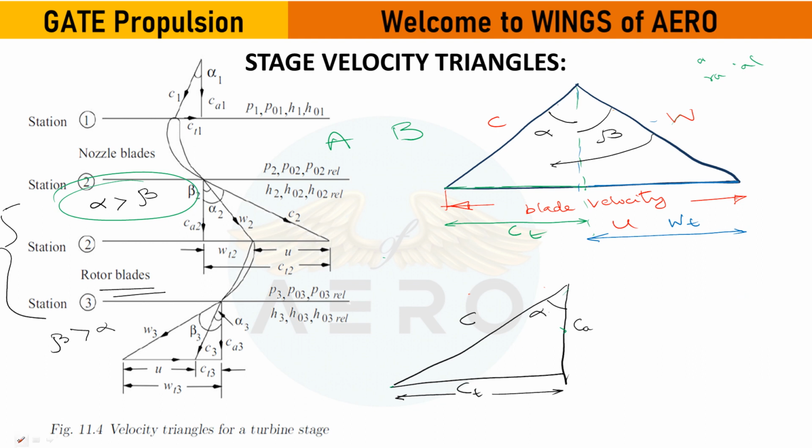Let's have a look at what will happen in that scenario. That means alpha is here, when beta is greater than alpha. So obviously it will extend like this. So this is going to be my W, and this one is my beta.